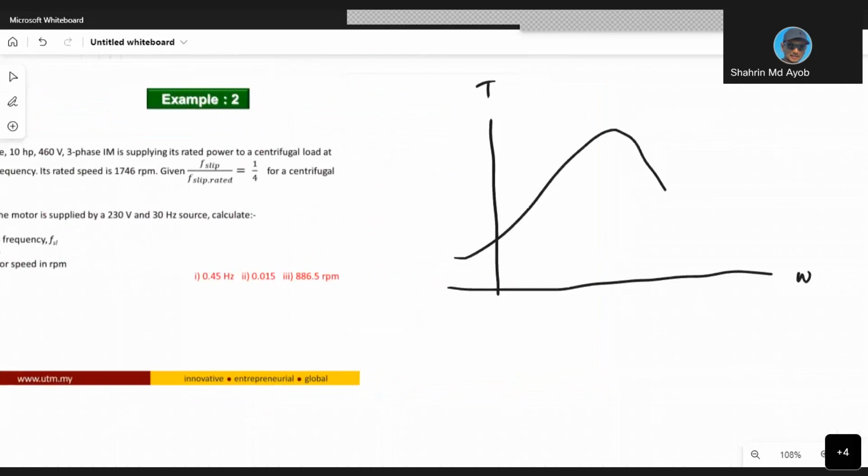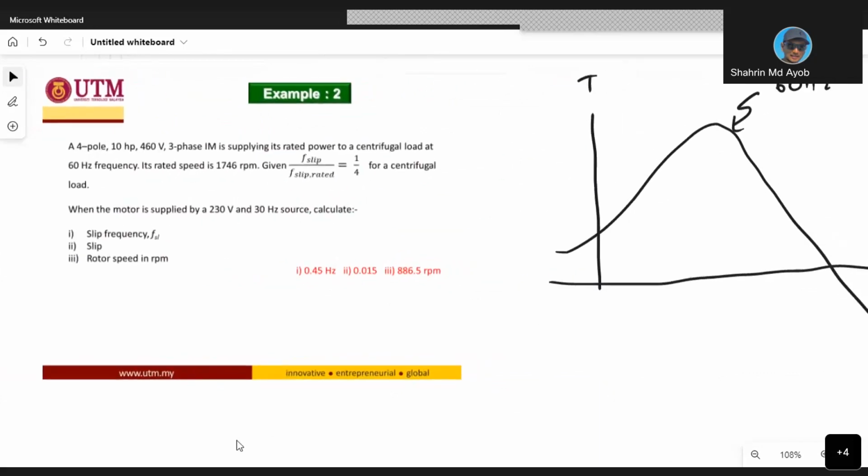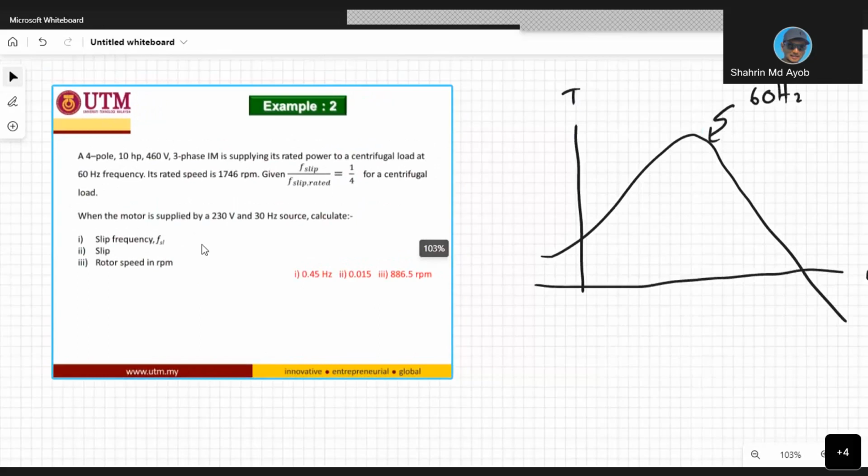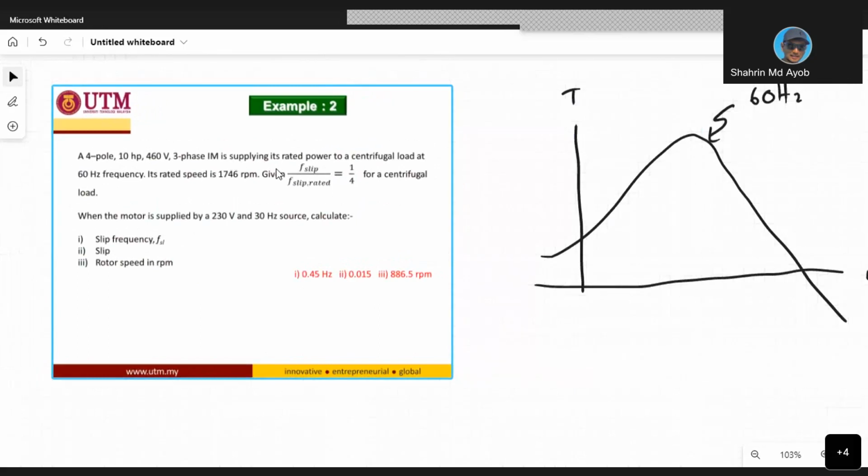So this one is the rated 60 hertz because in this one, even though it didn't mention, you need to understand sentence by sentence lah. Okay, 4 pole 10 horsepower 460 volts, so meaning that this is a V input rated 3-phase induction motor supplying its rated output to a centrifugal load at 60 hertz. So this 60 hertz means that this is a frequency rated supply.